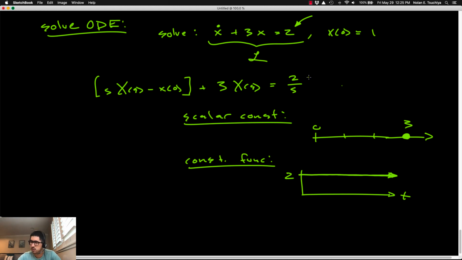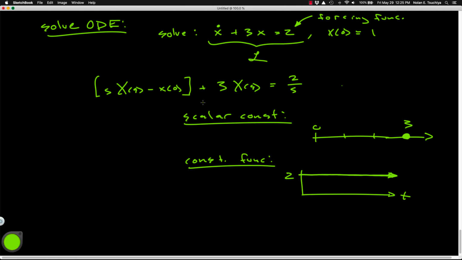We call that the forcing function when we refer to it in dynamic systems and control systems. The thing on the right-hand side of the ODE, that's the forcing function. So things on the right-hand side, even if constant, you generally treat as a constant function of time, which means you have to take the Laplace transform of it. All other scalar constants can just come down unaffected.